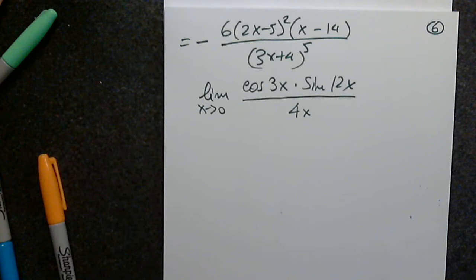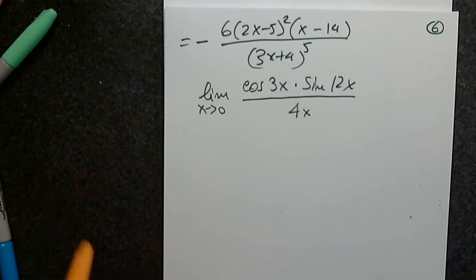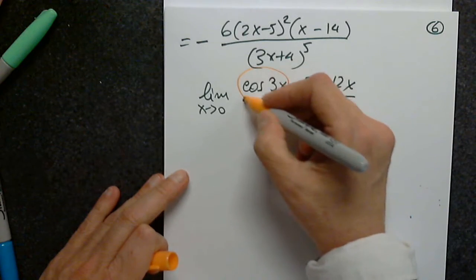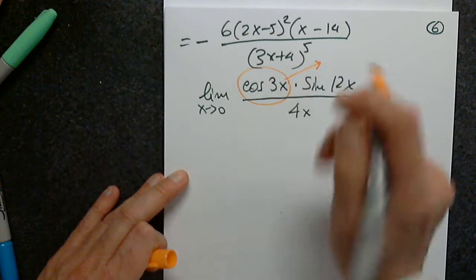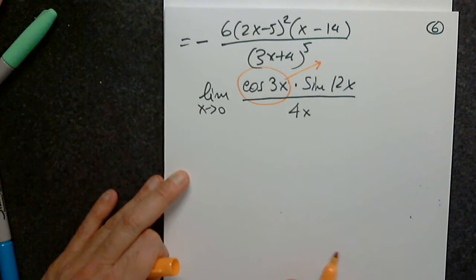When you plug in 0, what do you get? 0 over 0. However, I don't recommend L'Hopital's rule unless you say that this, when x approaches 0, where does this go? To 1.